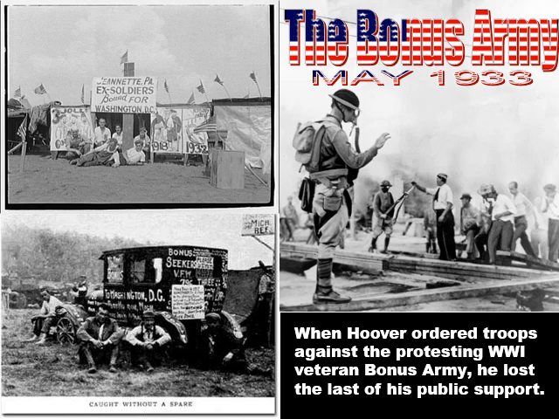And Hoover didn't want them there. They made his administration look bad. Congress didn't want them there. Even though Eleanor Roosevelt went out and gave coffee and soup to the veterans who were there. Long story short, Hoover calls out the army to violently expel the Bonus Army from the staircase of the Capitol building.